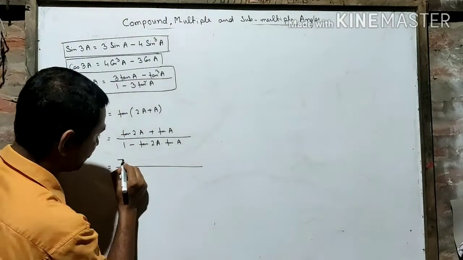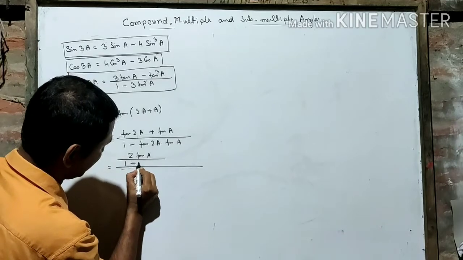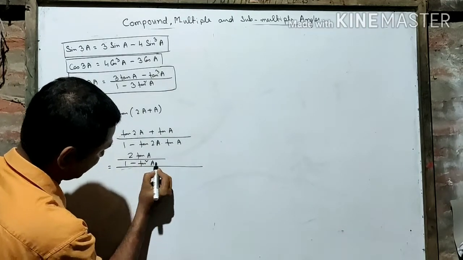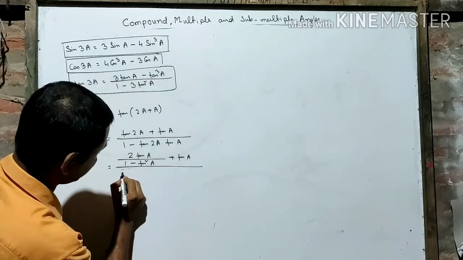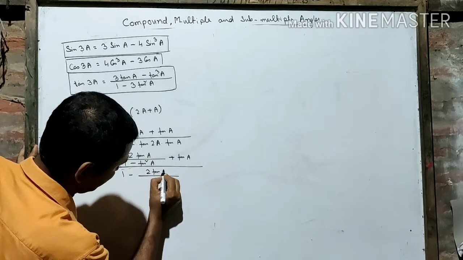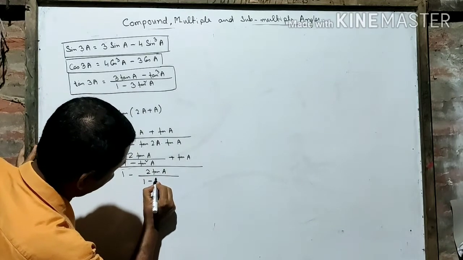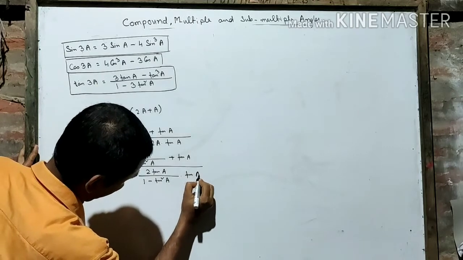You expand for tan twice A. Tan twice A is 2 tan A divided by 1 minus tan square A, plus tan A, over 1 minus, again tan twice A, you write 2 tan A by 1 minus tan square A, into tan A.